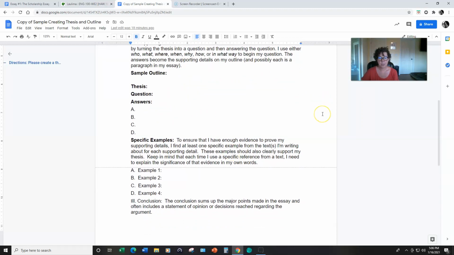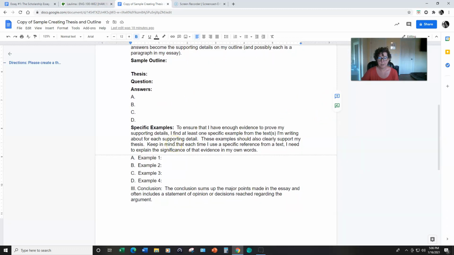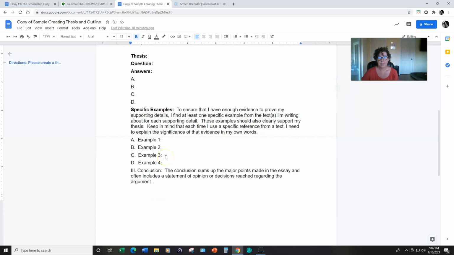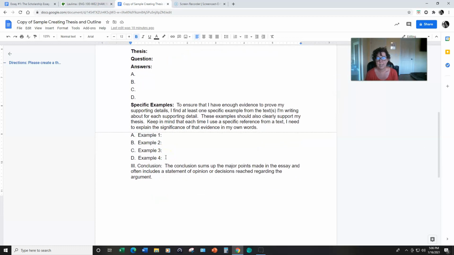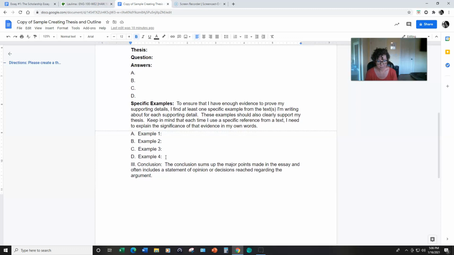Once you have those, you want to get more specific and find or write a specific example for each supporting detail. So in this case, say for example you list current employment here, that's number 5 under the personal statement possible options to discuss.